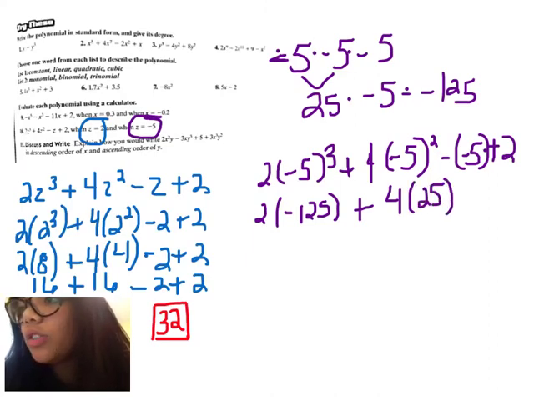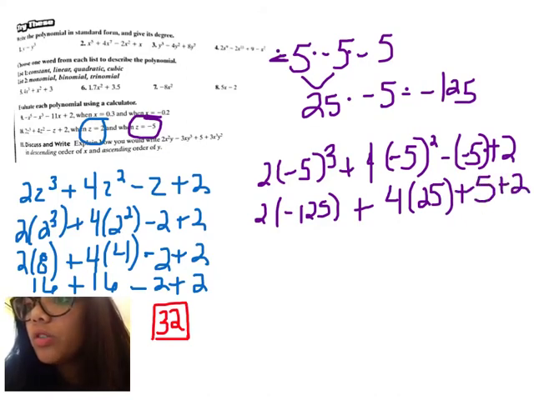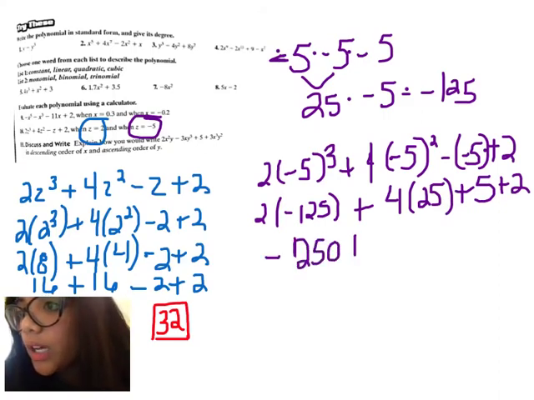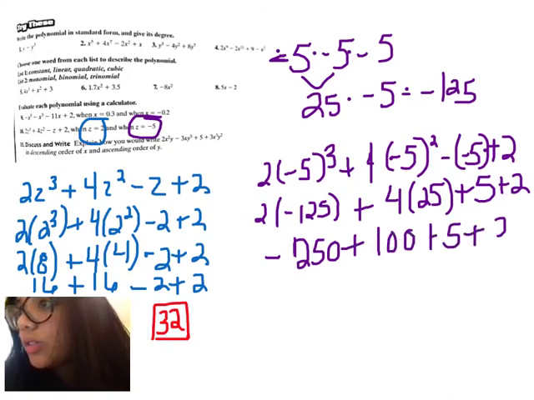Minus negative 5 means you're going to be adding, because you do keep, flip, change. Plus 2. 2 times negative 125 is negative 250, plus 100, plus 5, plus 2. Now if I go from left to right, you can either add all your positives and then do negative 250 plus that number. I'm going to go from left to right. Negative 250 plus 100 is negative 150.